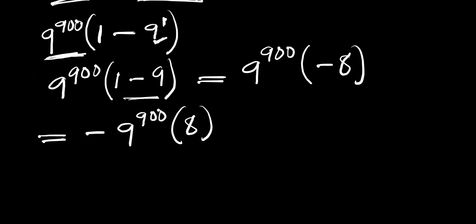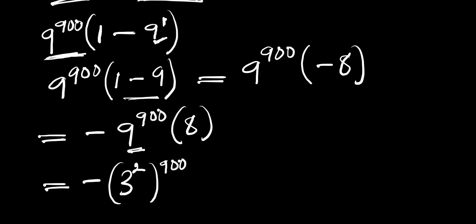Now, 9 here is a perfect square, so we can as well have this as negative 3 to the power of 2, which is 9, all to the power of 900. And we can as well rewrite this 8 here as 2 to the power of 3.